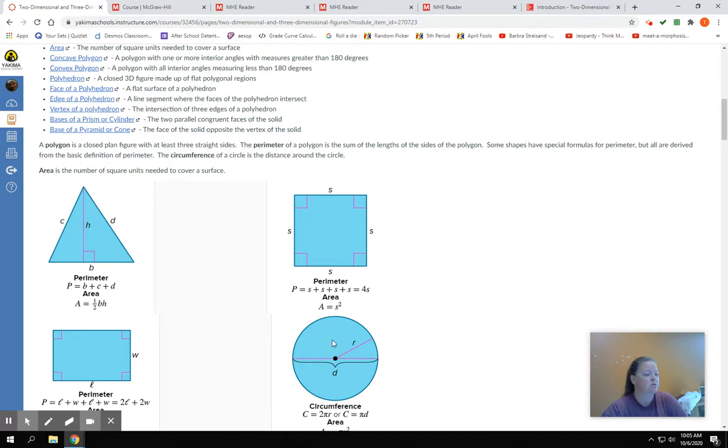The circle doesn't have a straight line, so it's not a polygon. Perimeter, that's the outside. And you would be amazed how many students get this confused. Perimeter is the outside. Area is the inside. All right, and circumference is a fancy way of saying perimeter for circles.